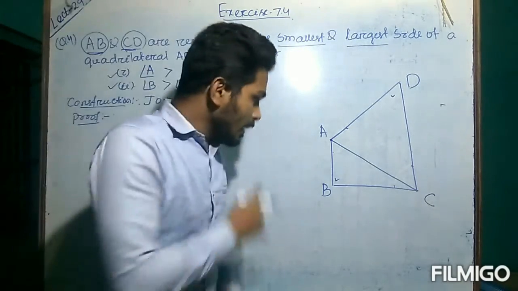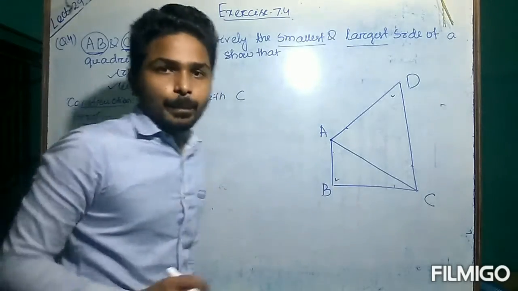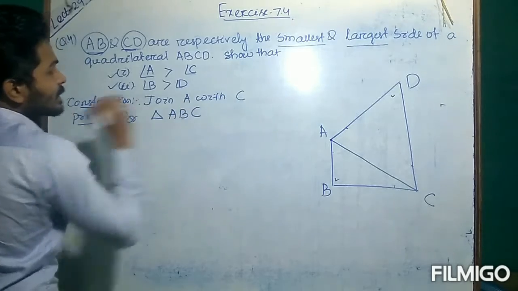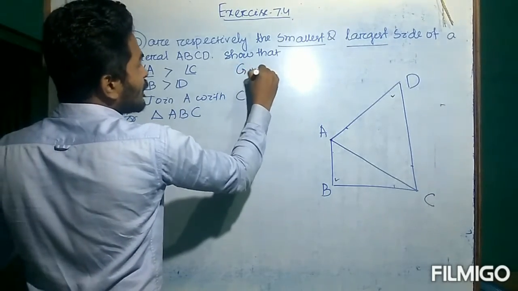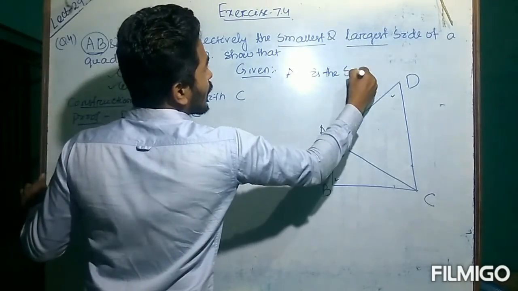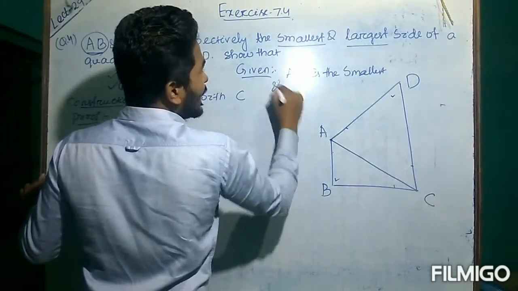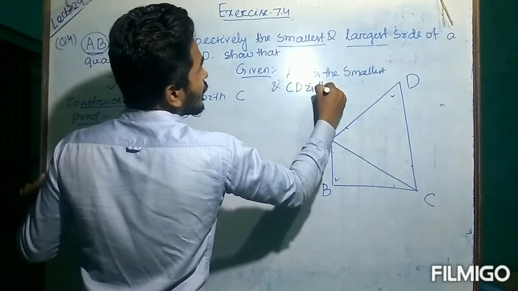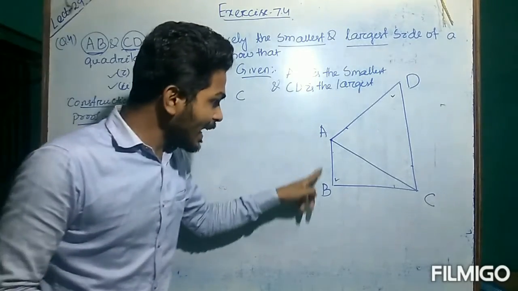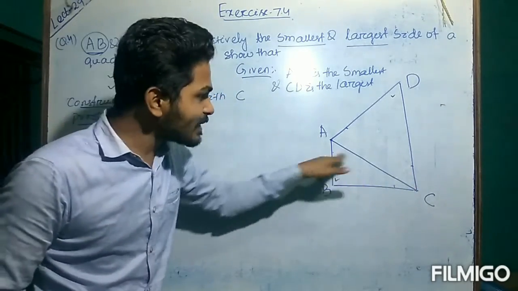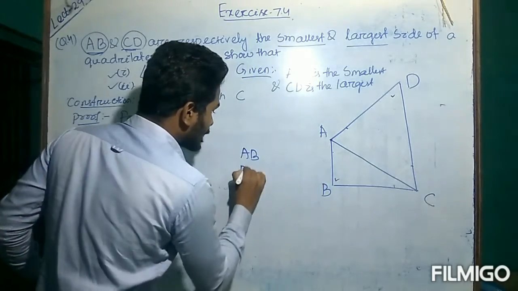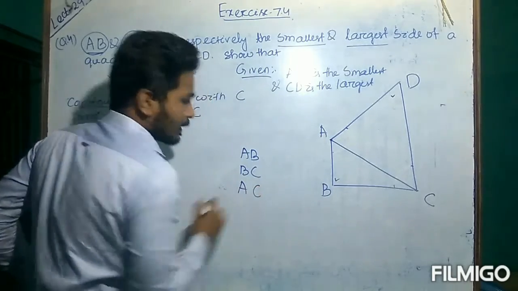How can we prove it? Let us first consider triangle ABC. What is given? AB is the smallest and CD is the largest side. Now, for triangle ABC, how many sides does this triangle have? It has 3 sides: side AB, side BC, and side AC.